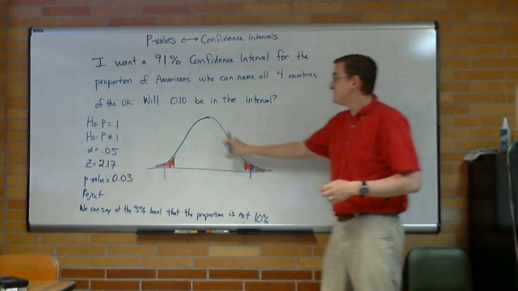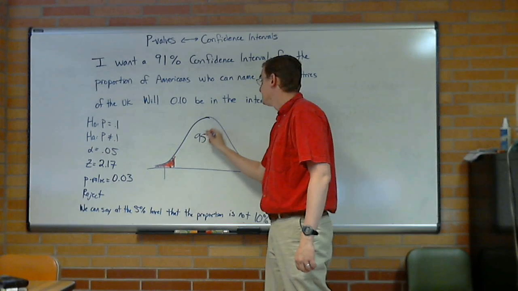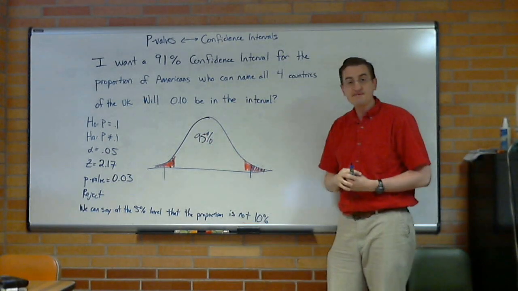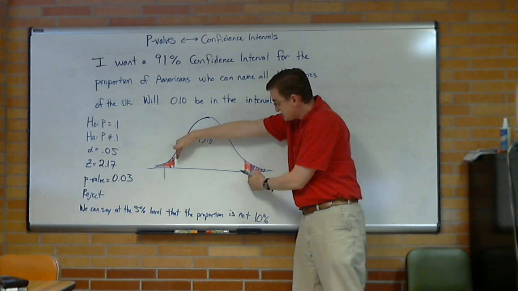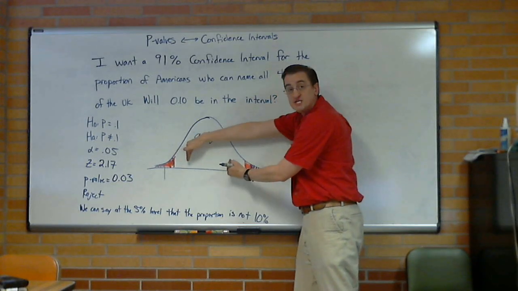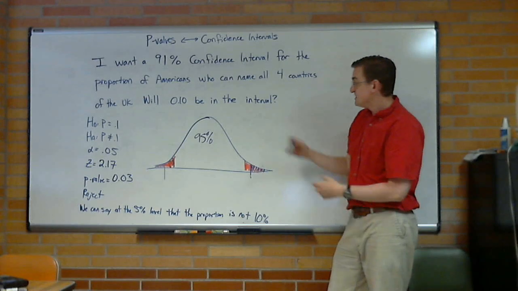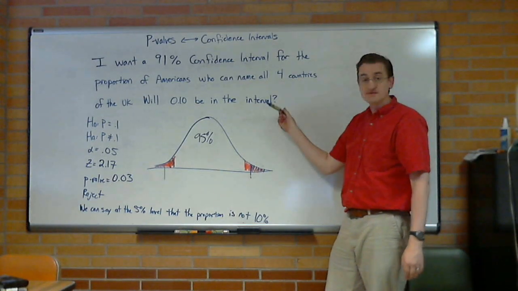So this middle region here is not the 5%. This would be 95%. So if I had a 95% confidence interval, the answer would be no, it does not land in the interval. But if I use a 91% confidence interval, it will shrink even tighter. So the value of 0.1 would not be in that interval.